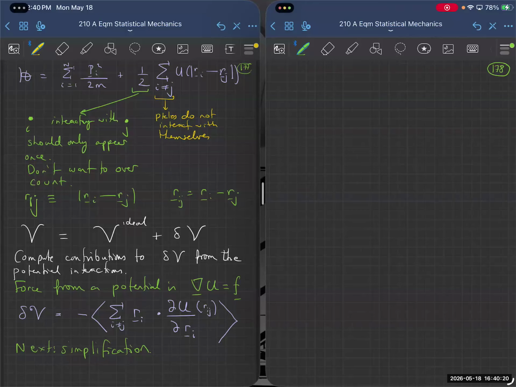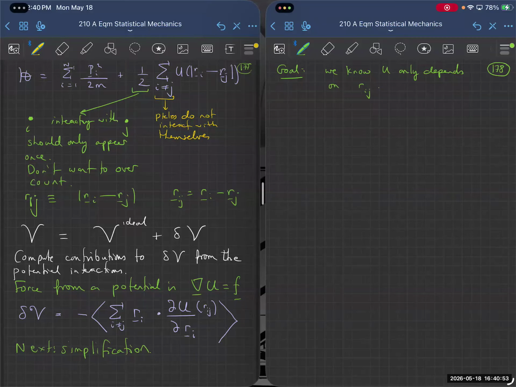They're just algebra steps. So the goal then for our next manipulations is we know that u only depends on the distance between particles, Rij. But this formula that I have here is in terms of the actual positions of the particles.